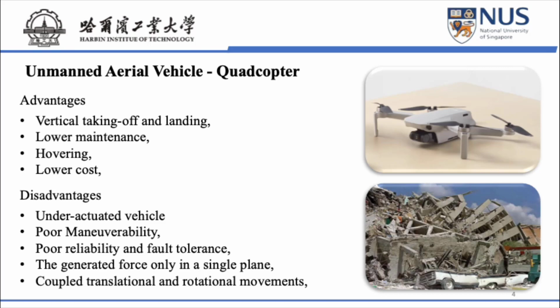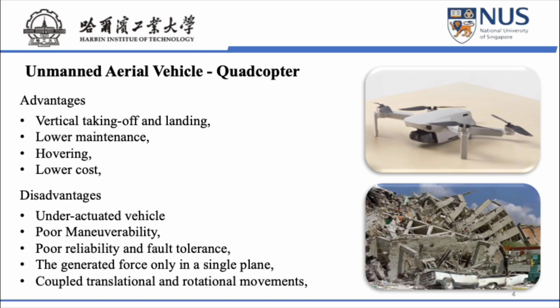as a platform because it has a lot of advantages such as vertical takeoff and landing, lower maintenance, hovering, and lower cost. But it has a lot of disadvantages. For example, the quadcopter has only 4 inputs over the 6 degrees of freedom.